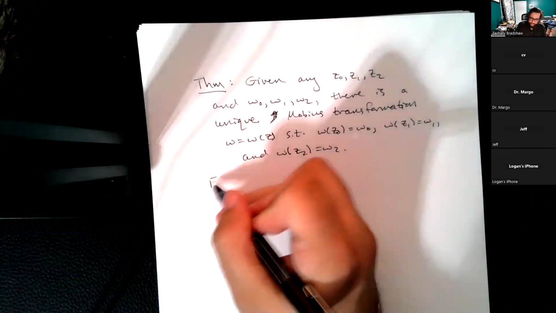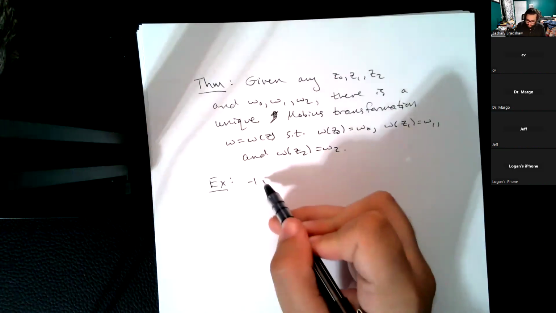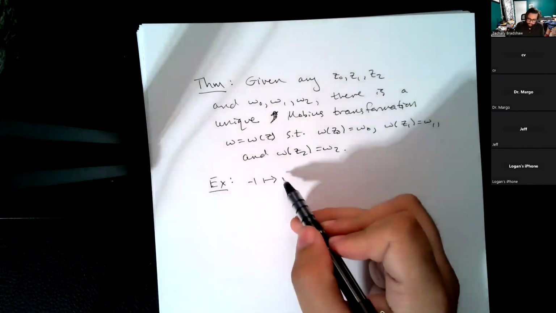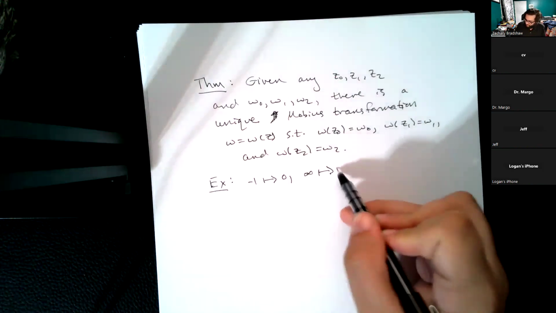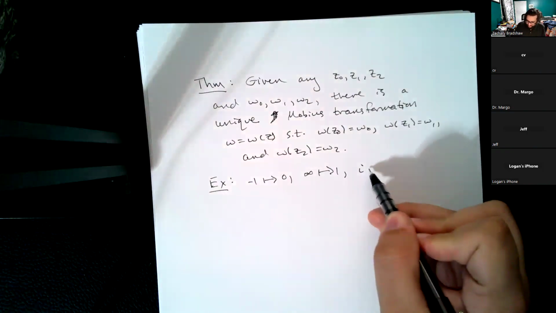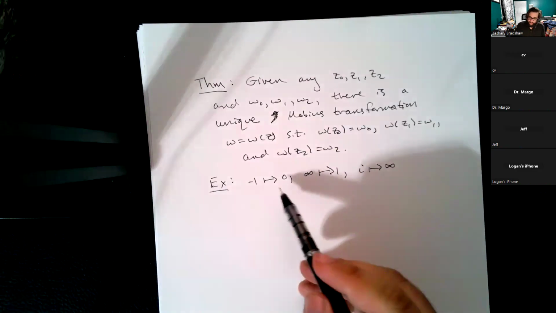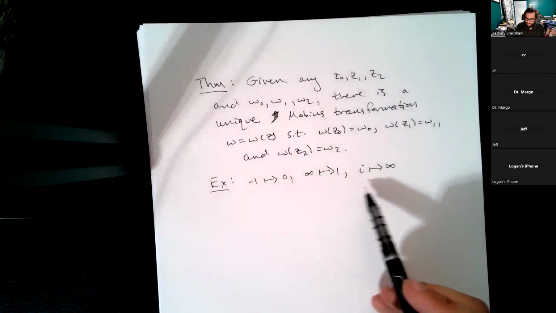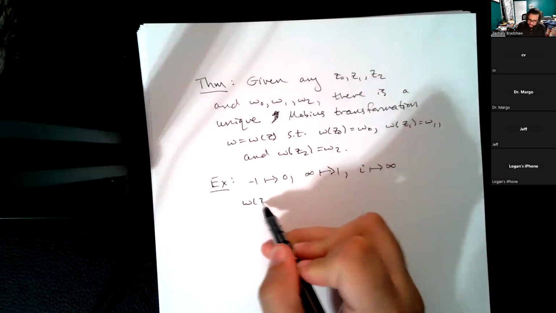Okay, so just as an example, we'll give the engineer's proof by example. Suppose I have these 3 conditions. I send -1 to 0, infinity to 1, and i to infinity, and we'll define w(z).